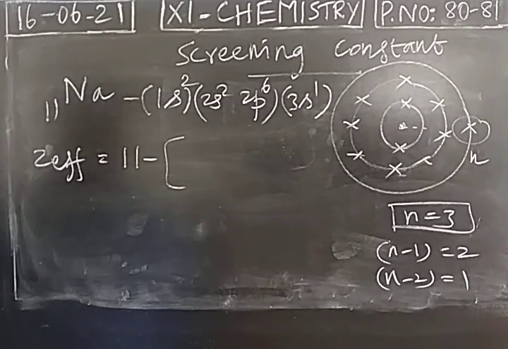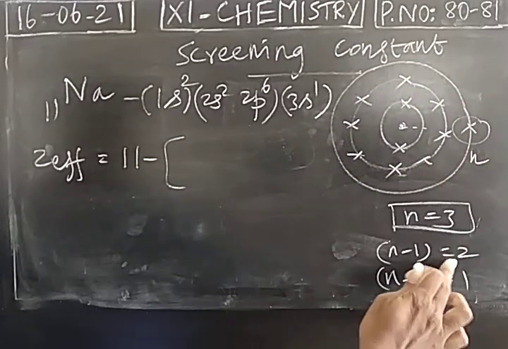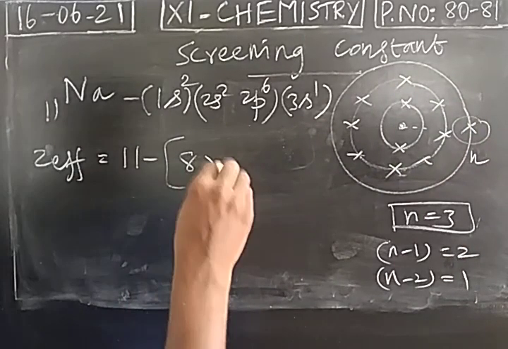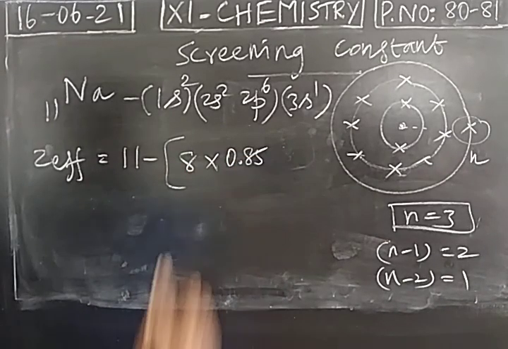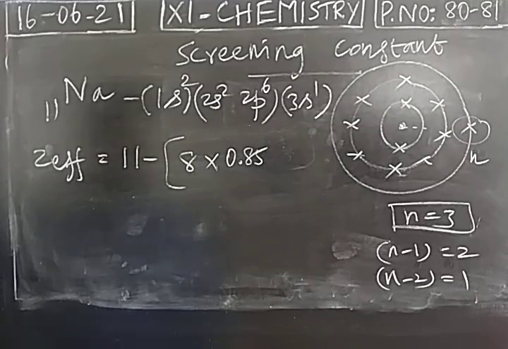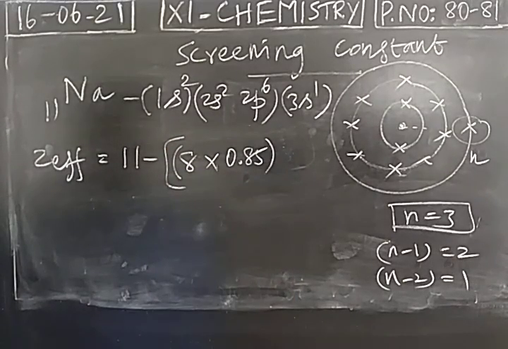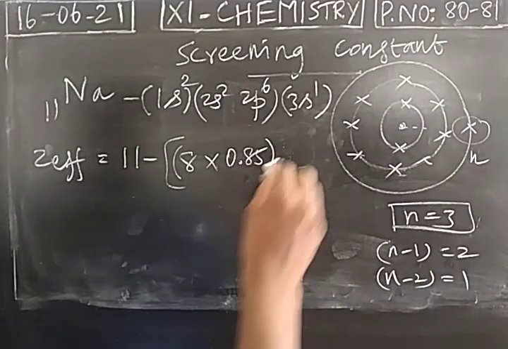So in the nth cell, no other electrons present. You take n minus 1 cell, that means second cell, 8 electrons present. 8 electrons present in the n minus 1 cell is contributing 0.85 as a value towards screening constant. Each electron is contributing 0.85.